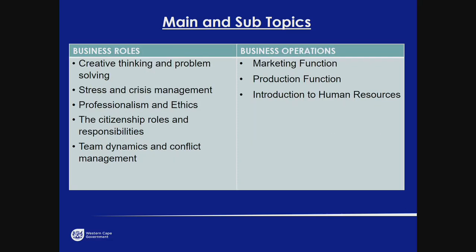And then under business roles, we have creative thinking and problem solving, stress and crisis management, professionalism and ethics, citizenship roles and responsibilities, team dynamics and conflict management. And then finally, under business operations, we have the marketing function, the production function, and the introduction to human resources.